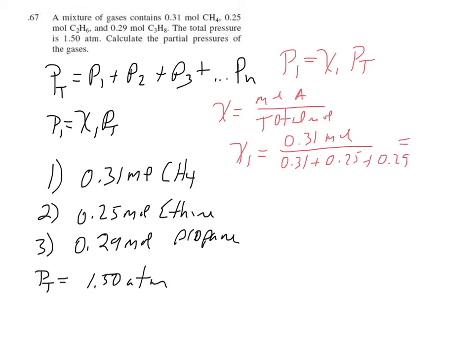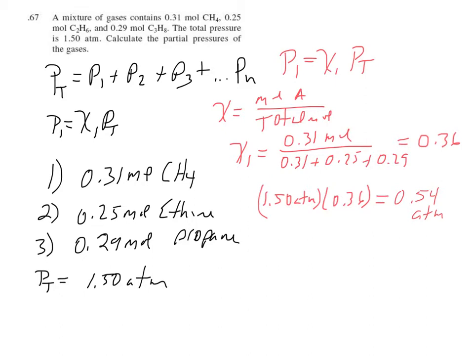And chi1 comes out to be 0.36. So we're going to take that times our total pressure, 1.50 atmospheres, times 0.36 equals 0.54 atmospheres, and that is for the CH4.